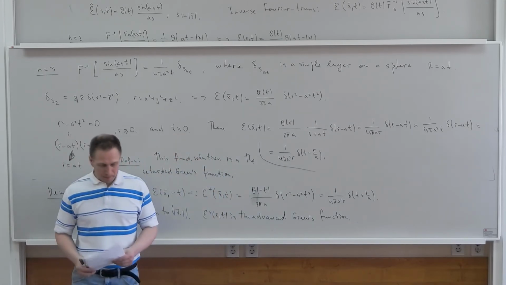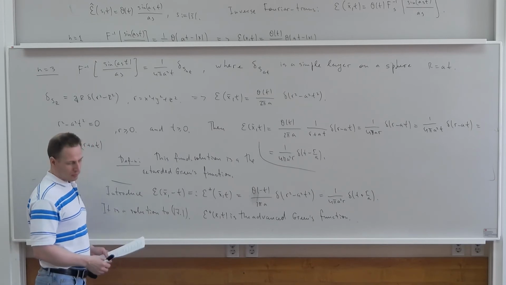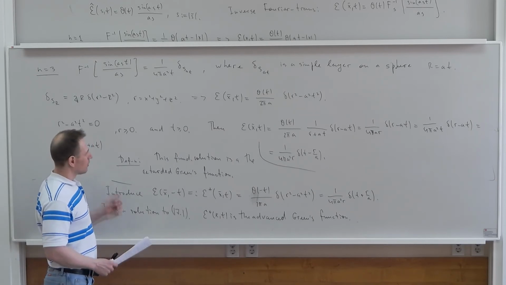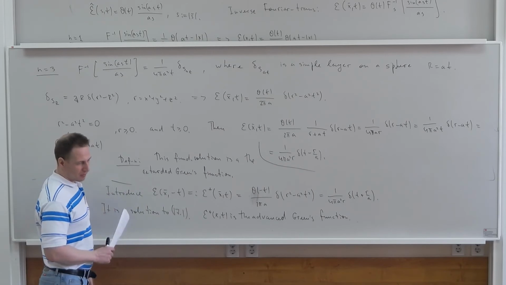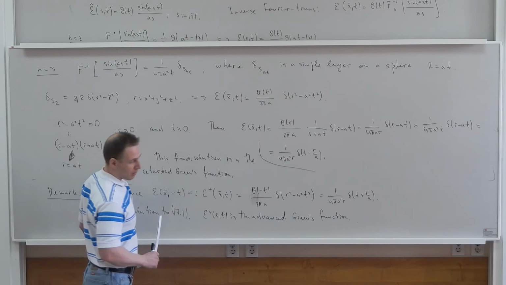Okay. But of course, as for our problem, for the solution of the Cauchy problem, we need only the retarded Green's function. And this is just a remark that you bear in mind.